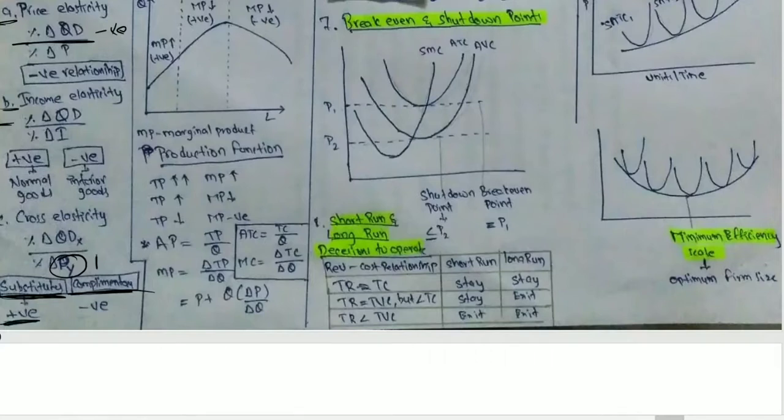For complementary goods, it will be negative. Let's take the example of car and fuel. When the price of cars increases, people stop buying cars, so it will have a negative influence on fuel, because fuel consumption is reducing to some extent.